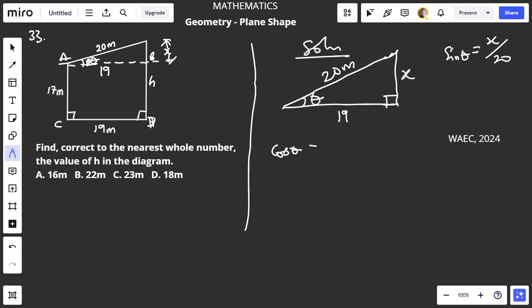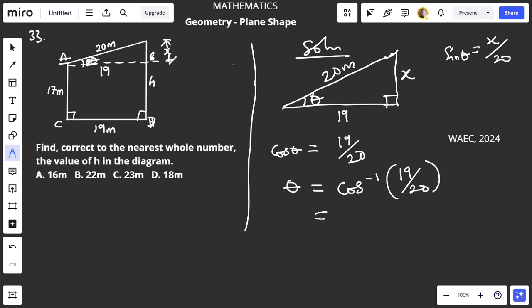Cos theta, cos is adjacent over hypotenuse. Adjacent here is 19. Hypotenuse is 20. The hypotenuse is the longest side in a right angle triangle. So for theta to stand alone, theta equals cos inverse of 19 over 20.